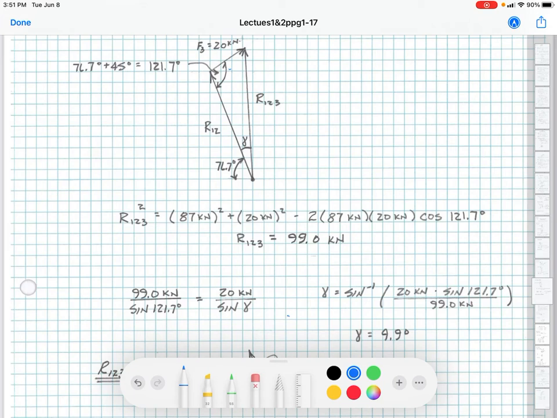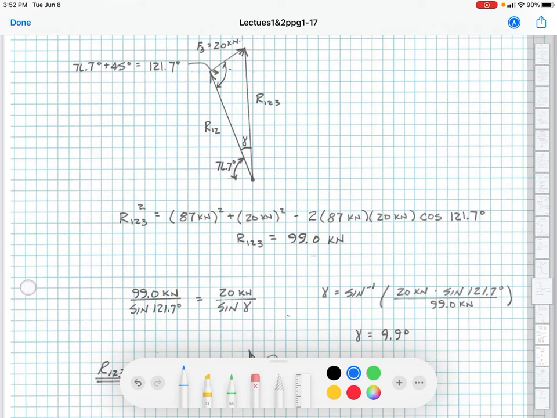Again, we go to the law of cosines and we take 87 squared, which is our R12, plus 20 squared, which is our F3, minus 2 times R12 times F3 times the cosine of the included angle, 121.7, and we solve for R123, which is 99 kilonewtons.